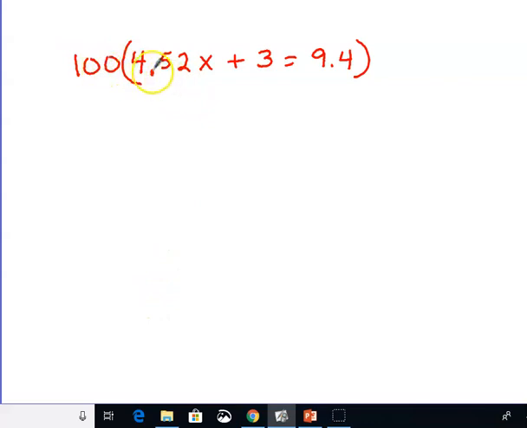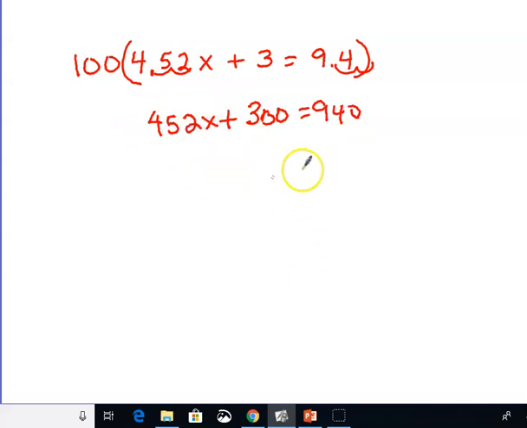Because if I multiply by 100, it'll move that over. Then I have to remember it's going to change that to a 300. It's going to make that, move it over, a 940. And of course, this became 452. So it's just a way of getting rid of the decimals and just making the problem slightly simpler to deal with.